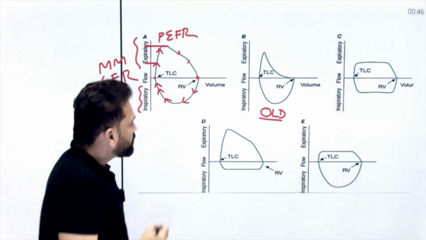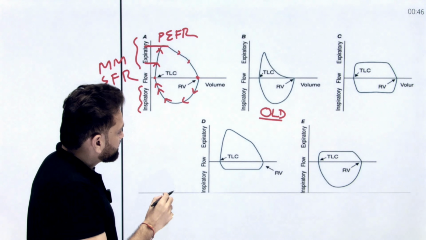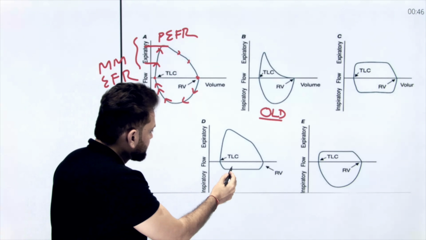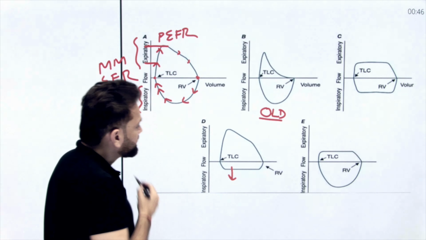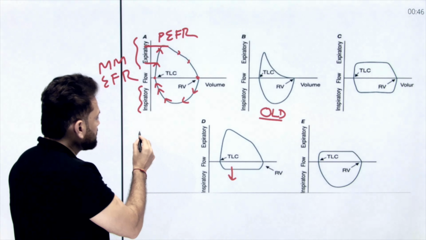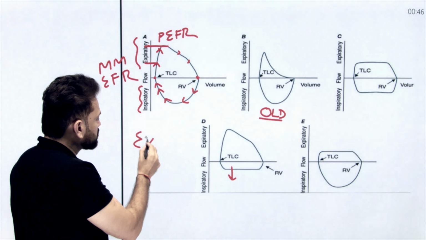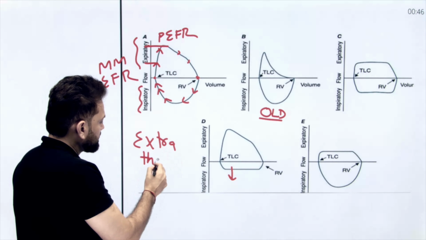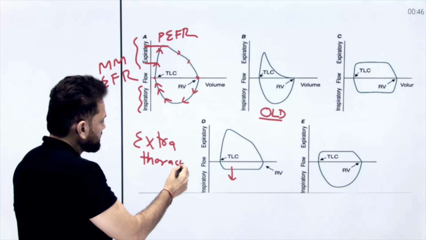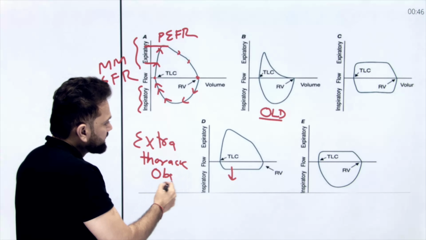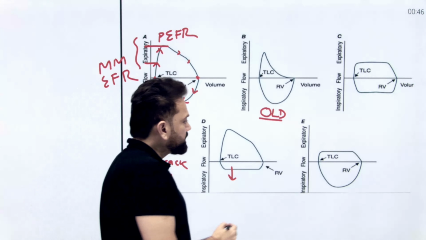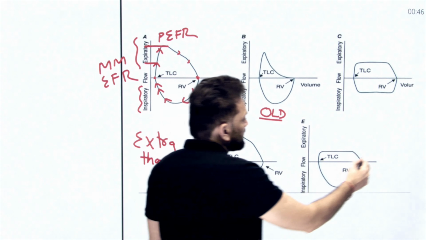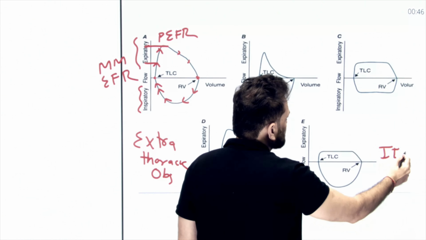Now, if you are seeing any problem in the inspiratory curve, usually it is extrathoracic obstruction. And if there is any problem in the expiratory curve, it is usually intrathoracic obstruction.